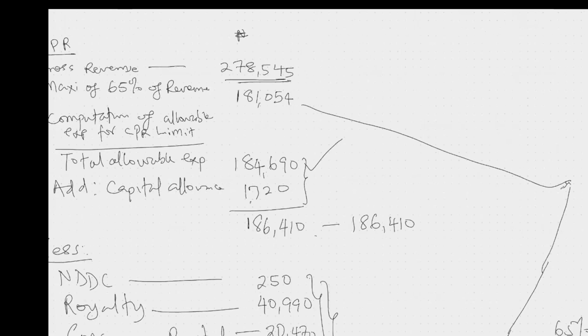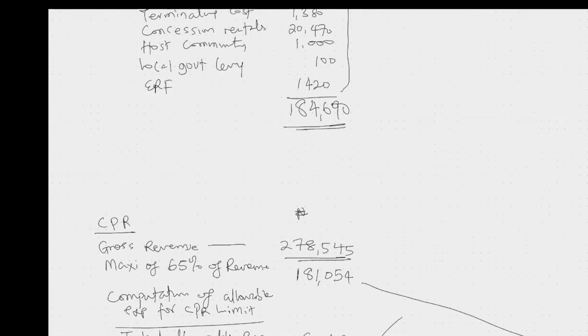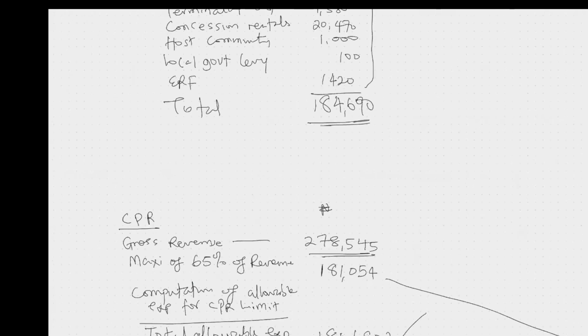So let's go back to our solution. In our solution, this is total allowable expenses. Allowable expenses for CPR: you have 122,280.